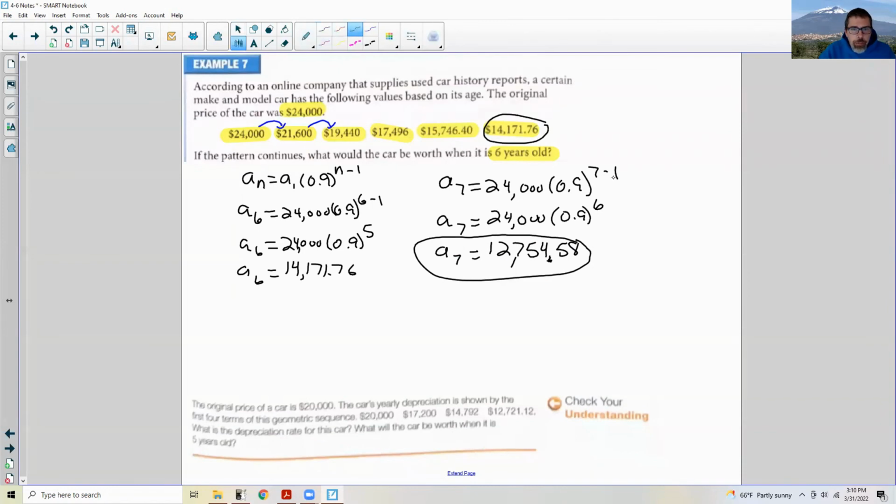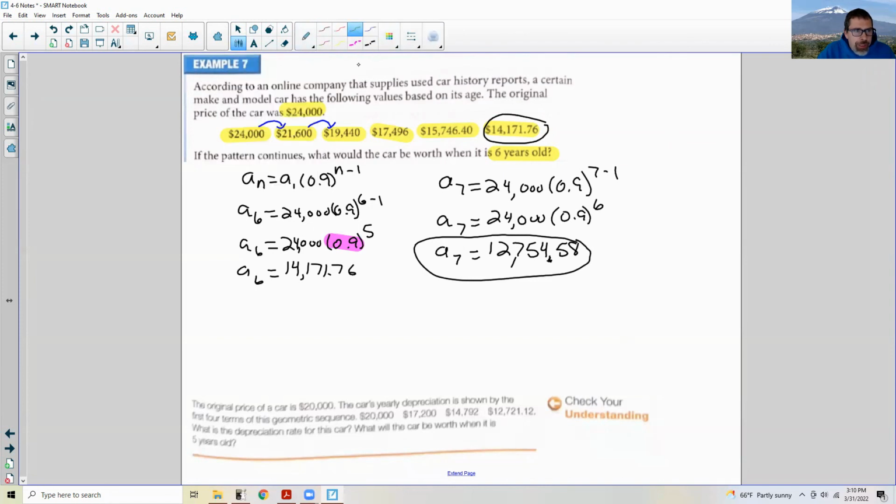Okay, so now we can find the depreciation rate because we're going to need it for your check your understanding. So let's find the depreciation rate. 0.9 is our B, okay, so let me highlight that. This is where this is coming from. 0.9 is our B. Remember, it's y equals a times b to the x.